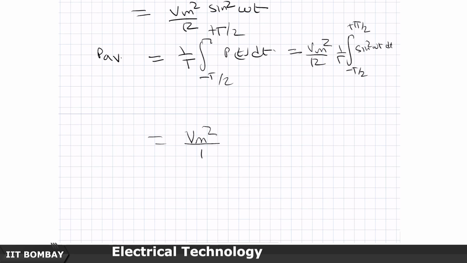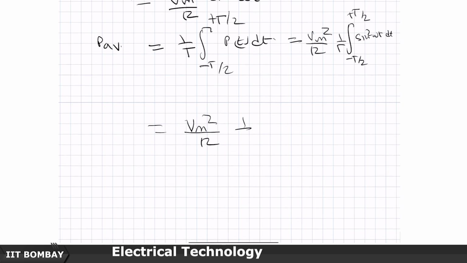You can do this as Vm square by R. I am sorry, this is minus T by 2 to plus T by 2, and if you multiply by omega on both sides, it is basically from minus pi to plus pi.